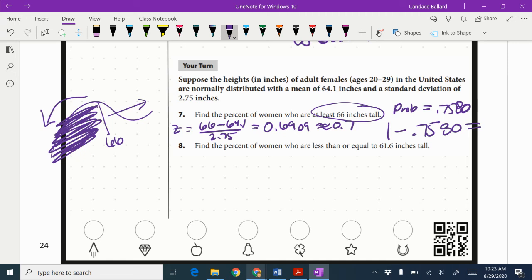I'm going to do a quick calculation. And that gets me 0.242. And they wanted that in percent. So I'm going to move my decimal place. So 24.2% of women are at least 66 inches tall.